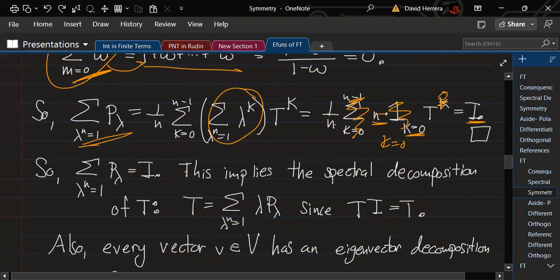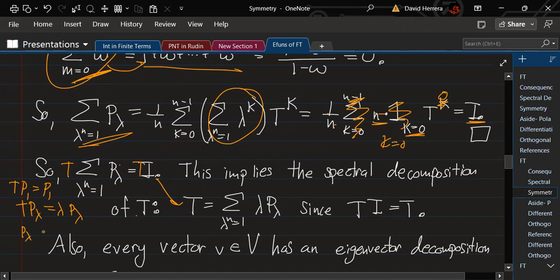This implies the spectral decomposition of T. So if I take T and multiply on both sides, this thing is going to give me T. That's that. T P lambda is lambda P lambda. Why is that true? Well, remember, we showed that T P1 was P1. That's kind of what we constructed.